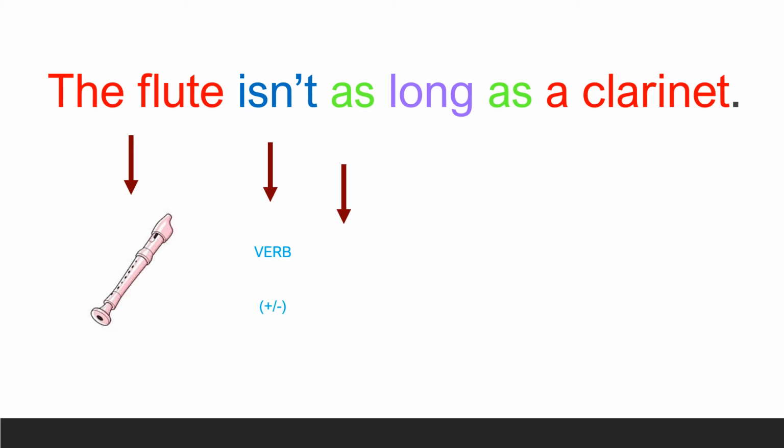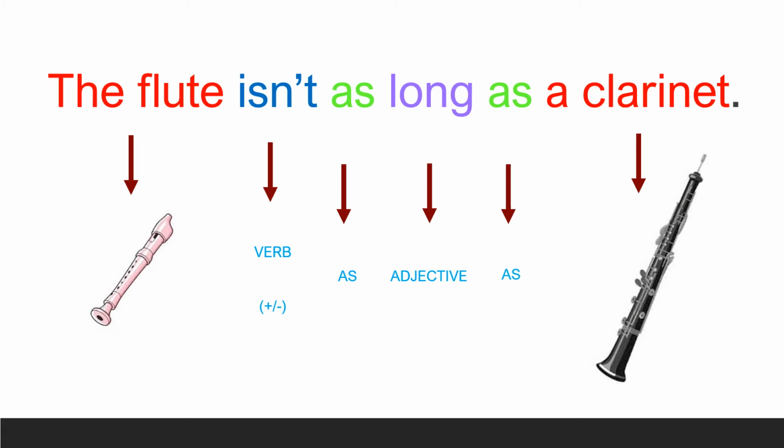We have "as", we have the adjective long, we have "as", and then we have the other object, a clarinet. The flute isn't as long as a clarinet. This is a negative sentence because they are not similar.